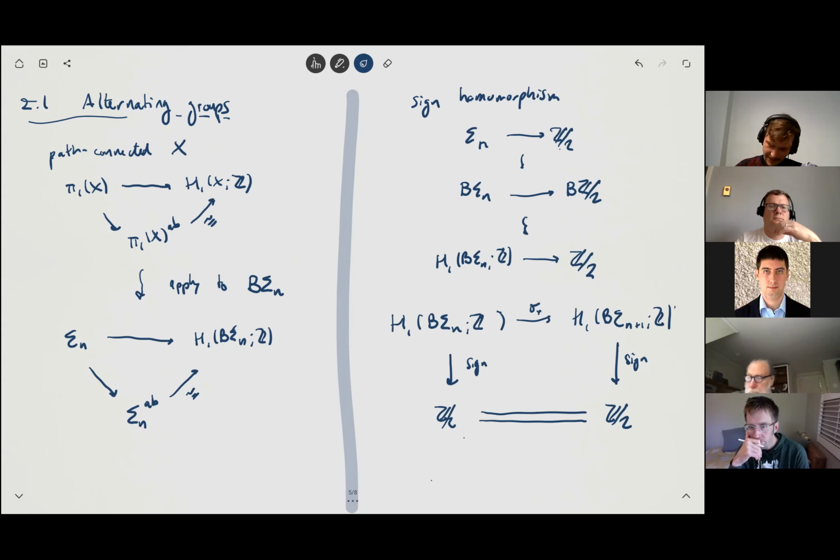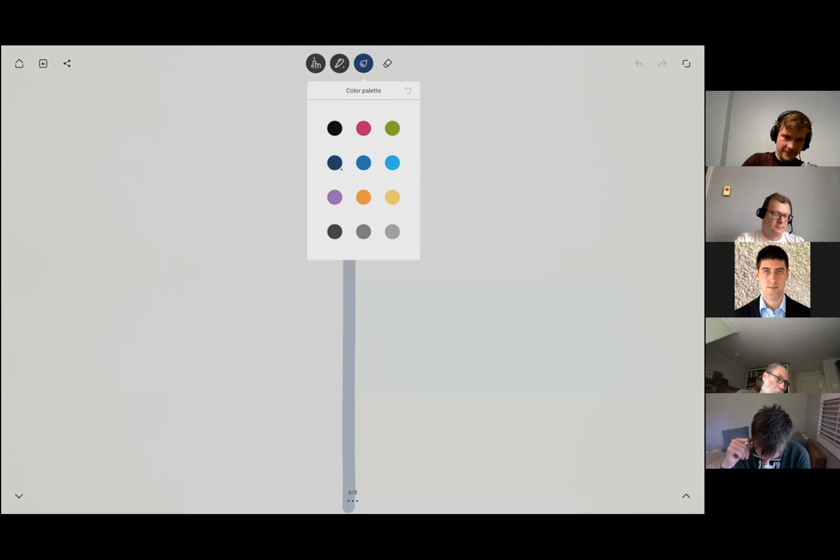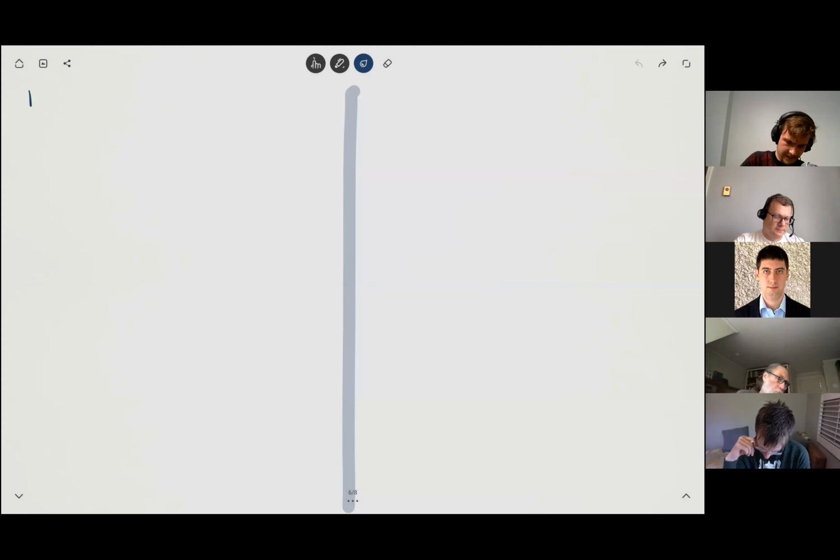Now, what can we say about these vertical maps? Well, the sign homomorphism is an isomorphism when n is 2. So this map on H1 should also be an isomorphism. So when we write down, starting from the second symmetric group, this sequence of homomorphisms, the first one is an isomorphism.